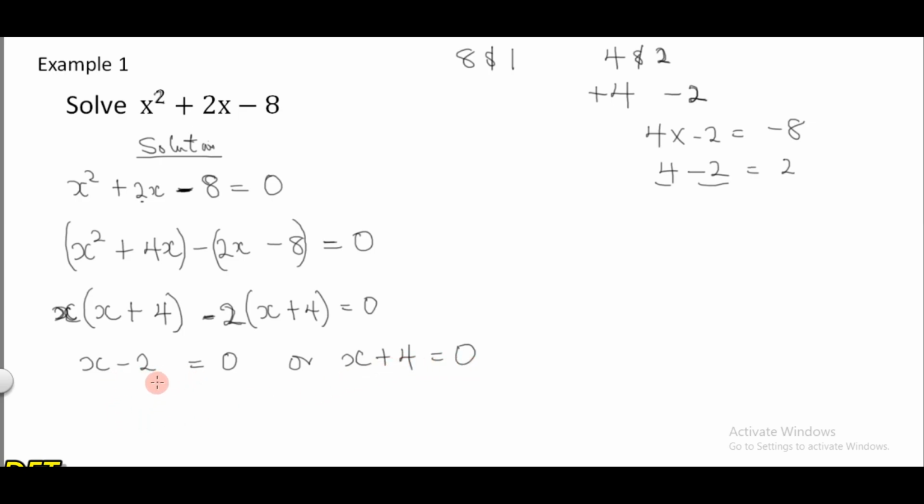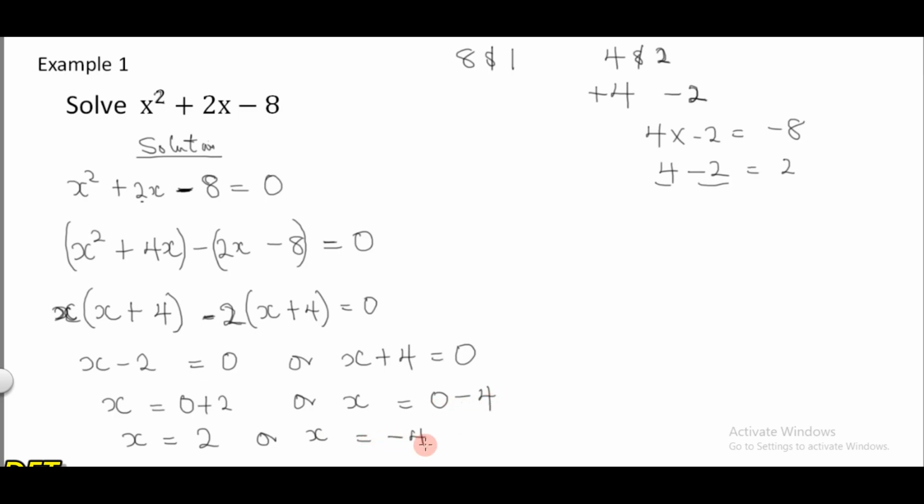Then the next thing is to collect like terms. When this minus 2 crosses to the other side of the equation, it becomes plus 2. So x is equal to 0 plus 2, or, when this 4 crosses, it becomes minus 4, so x is equal to 0 minus 4.